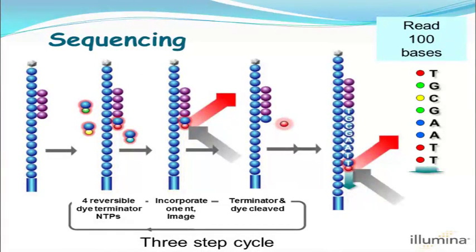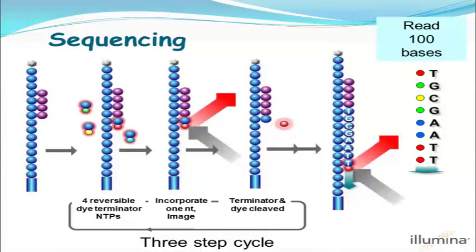And the Illumina chemistry is sequencing by reversible dye-terminator sequencing. Once the primers anneal to the target, the four reversible dye-terminator NTPs are added to the reaction. Only the one nucleotide that matches the template will be incorporated, and then this signal will be captured.